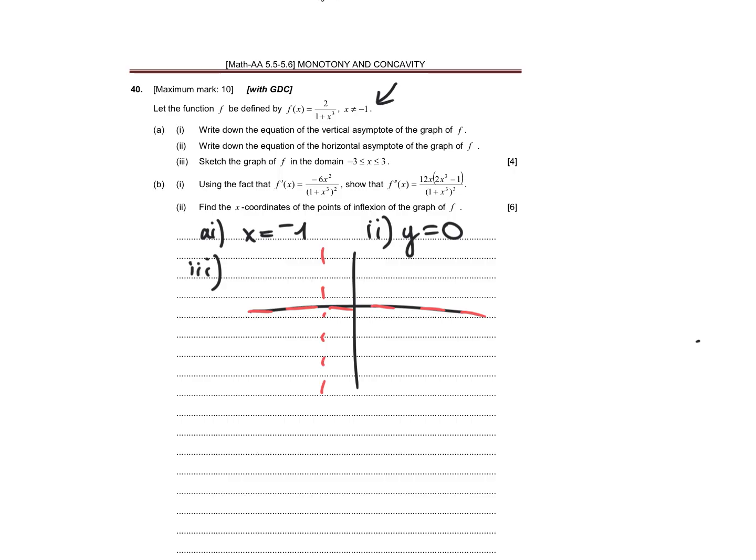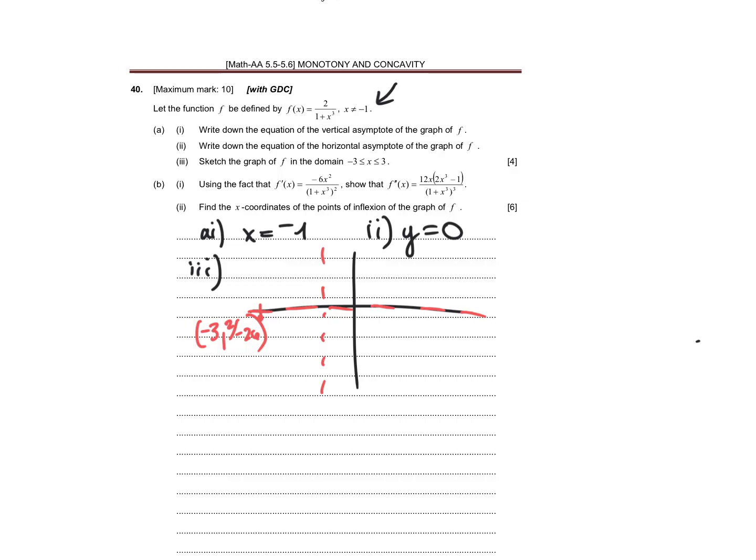So if we sub in negative 3, for example, we're going to have a pretty small number, because that's going to be 2 over negative 26. So at negative 3, we have a small number, 2 over negative 26.